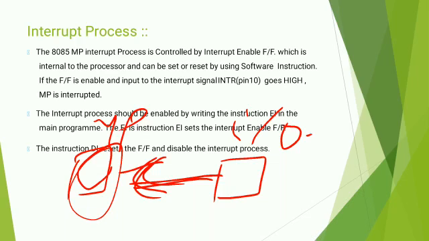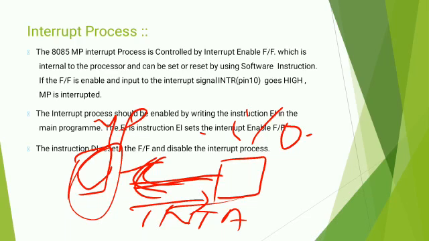The interrupts are five: TRAP, RST 7.5, RST 6.5, RST 5.5 and INTR. After receiving the request, the microprocessor informs the peripheral devices through the INTA bar signal.